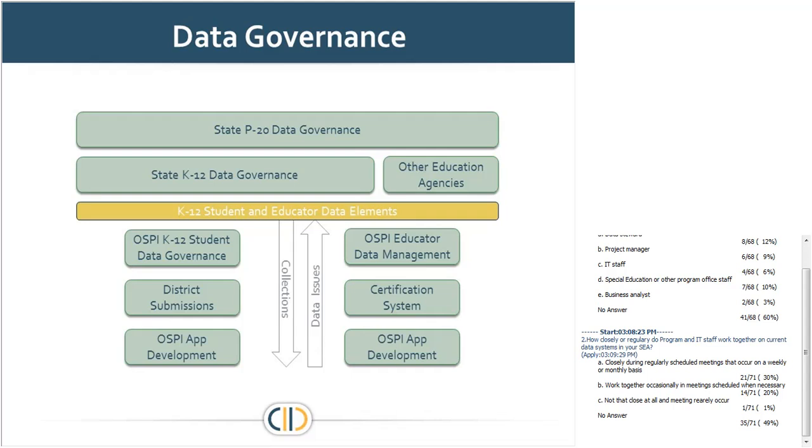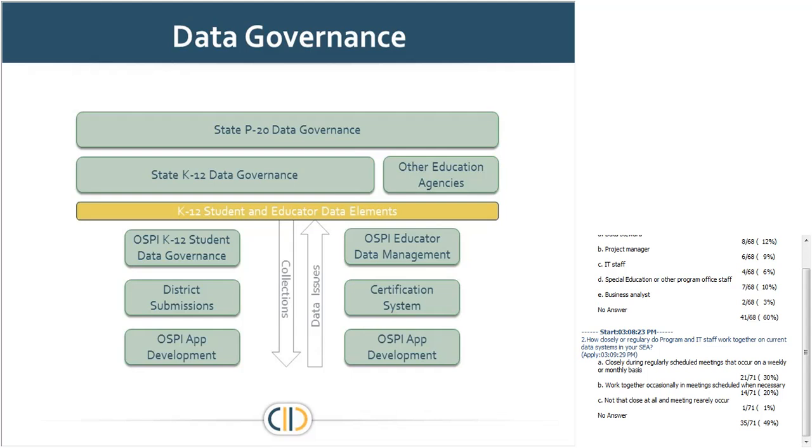We have sort of the same thing in educator data. The thing about educator data is that we don't have the same type of governance structure set up for that. We do have a person who's in charge of the certification office who's currently serving as a data steward or data owner for educator data. They have a certification system for educators where they collect information about all those educators out there and their qualifications.